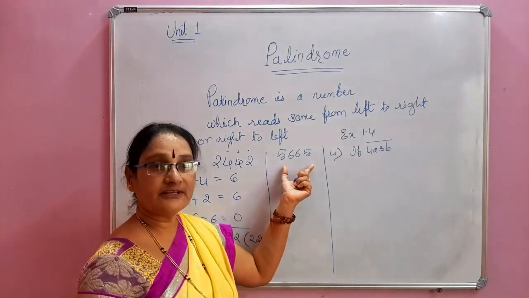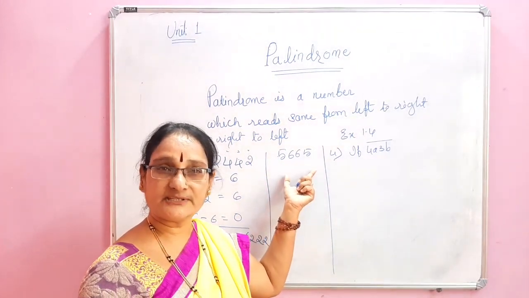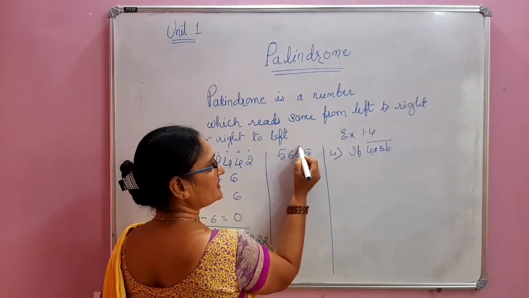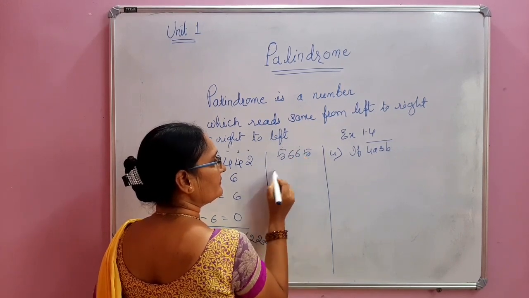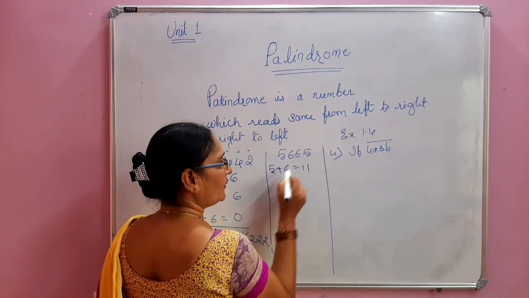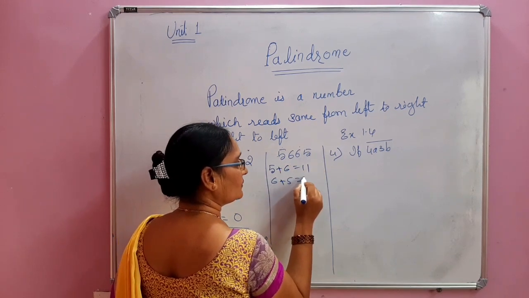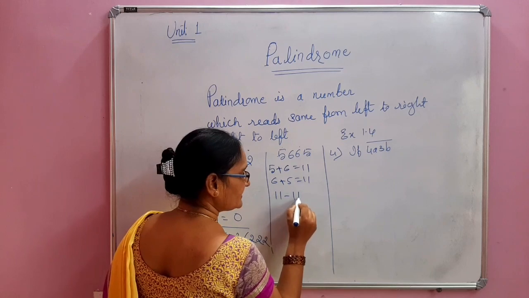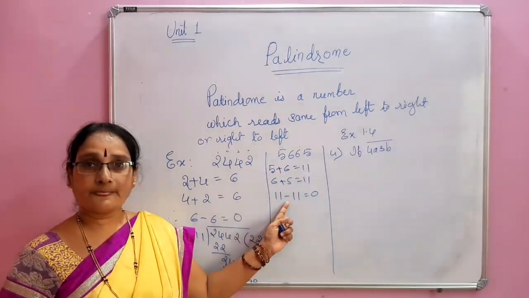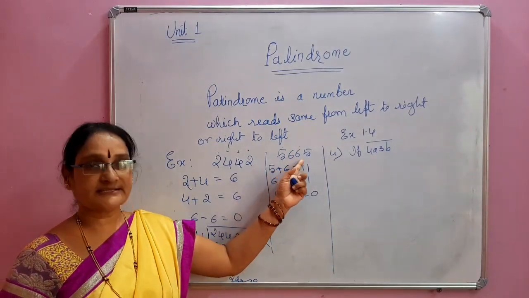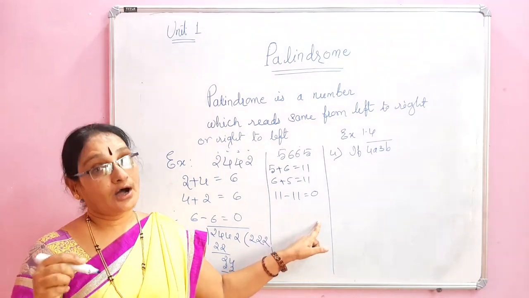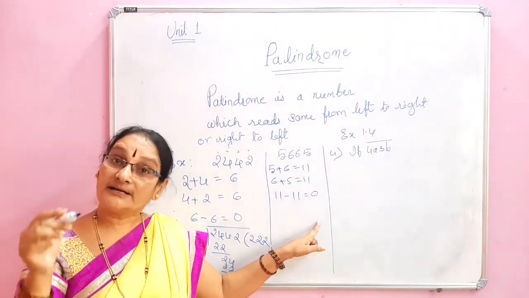In the same way, we will verify this one also, whether it is divisible by 11 or not. See here, first digit, second digit, third digit, fourth digit. First and third we will add, 5 plus 6 is equal to 11. Then second and fourth, 6 plus 5 is equal to 11. Now 11 minus 11 is 0. See, the difference between the sum of the oddly placed digits and the evenly placed digits must be 0 or a multiple of 11.